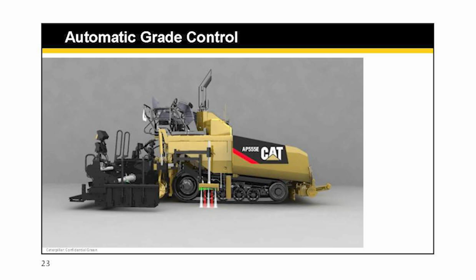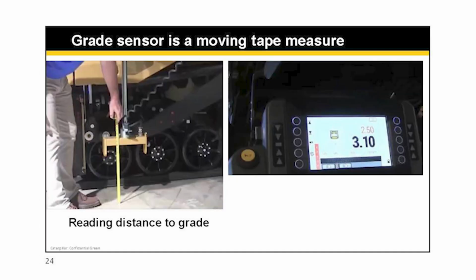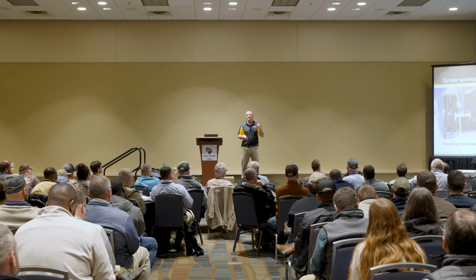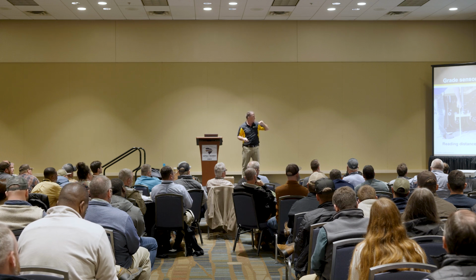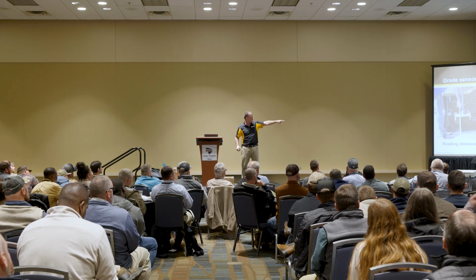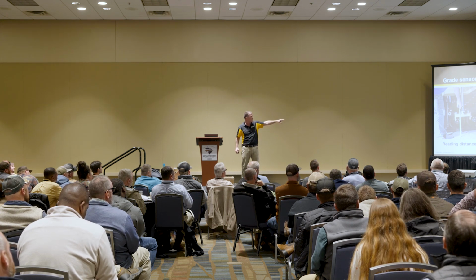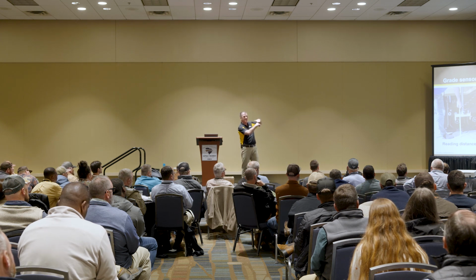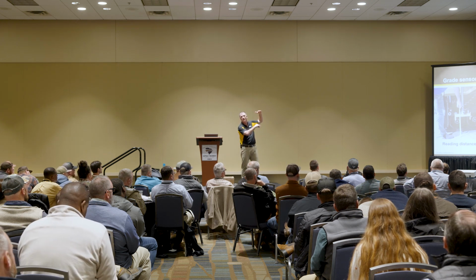So there's a single grade sensor there on the side of the paver. All that grade sensor is, is a measuring tape. So when I've got automatics and I'm paving along, that thing's shooting sound waves down to the grade and they're coming back to that sensor and it's measuring that distance to the grade. And on the right there, that little video clip, the guy, his finger there, he's pressing and holding, he's going to get some green lights. So what that's done now is locked in that distance from the grade sensor to the ground, or to the grade.